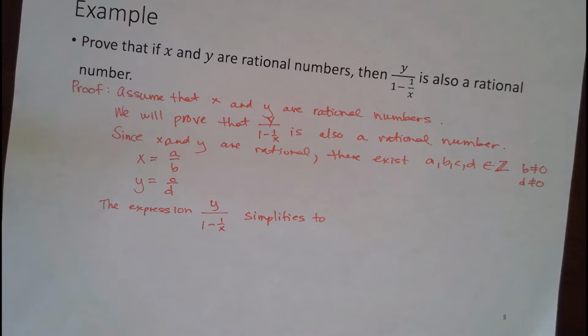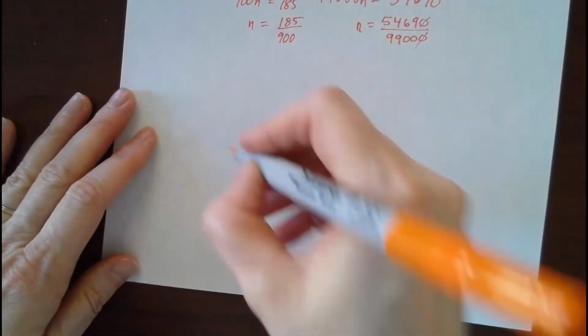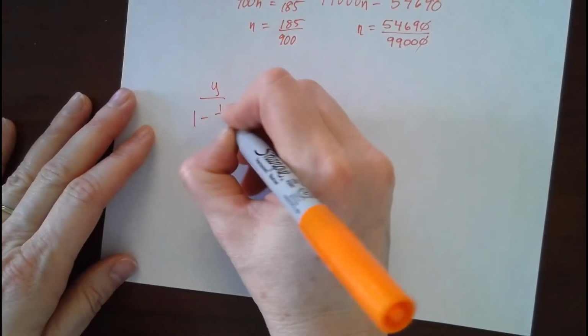It'll be the long way around. So yes, that is correct. And then what would you do after that? Multiply it by the reciprocal. Okay, that's good. So that's one way of going about it. Can I just do a little side note here? Okay, so we had our y over 1 minus 1 over x.